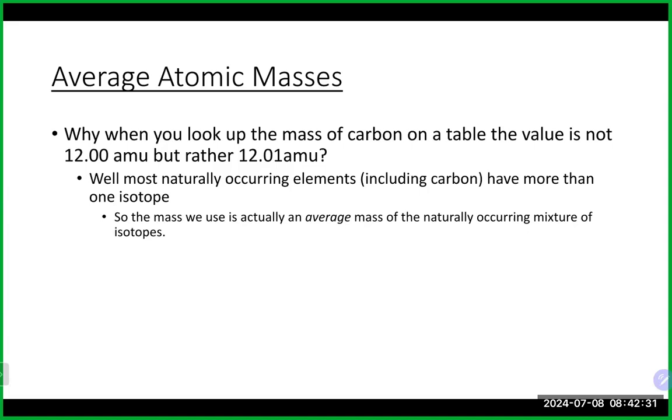There's actually a calculation that you could do to calculate the atomic mass of an element based on the isotopes that are given. So you could calculate the atomic mass in AMU, and it basically is by taking the percentage of the first isotope times the atomic mass of the first isotope.